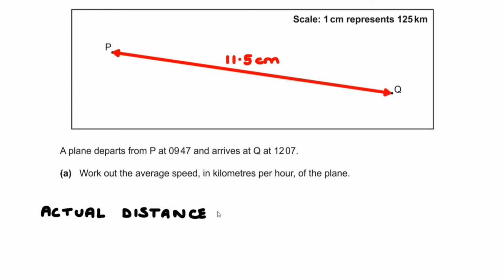So the actual distance is equal to 11.5, and what I need to do now is multiply it by 125.